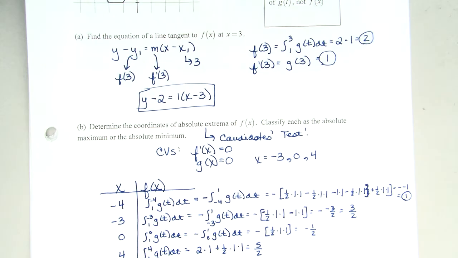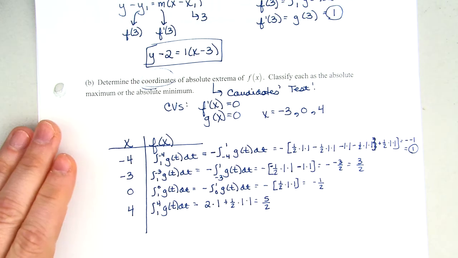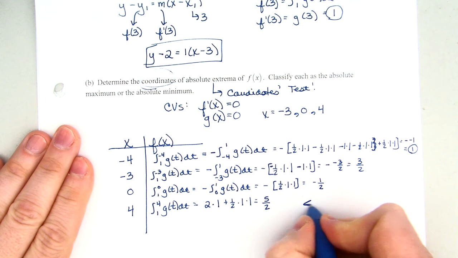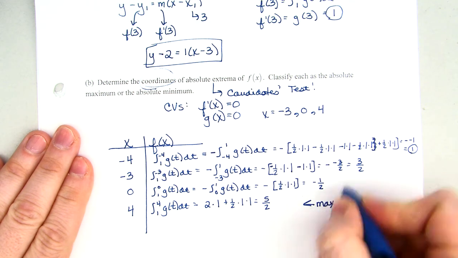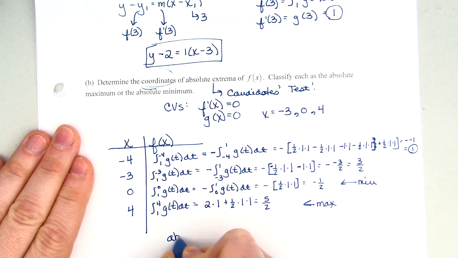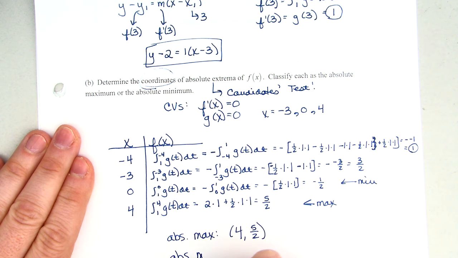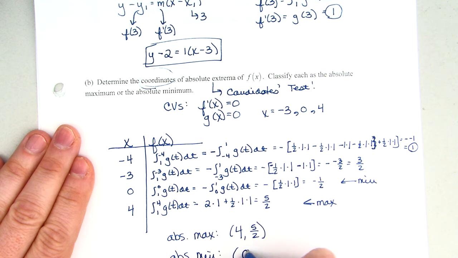I know usually we say the absolute max is occurring at a particular x value, but here I wanted coordinates, so I might as well give coordinates. I think this one's our max. Min, I think this one's the min. I think our absolute max has coordinates 4, 5 halves, and our absolute min has coordinates 0, comma, negative 1/2.